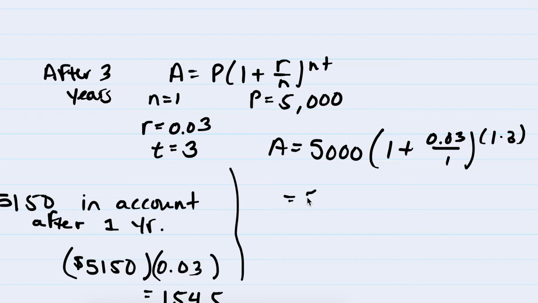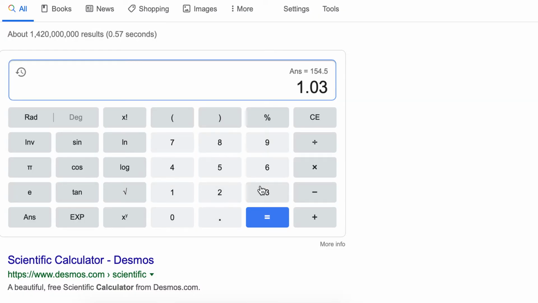So it's $5,000 times 1.03 cubed. Put that in the calculator. 1.03 cubed, and then multiply that by 5,000. We get 5463.64.